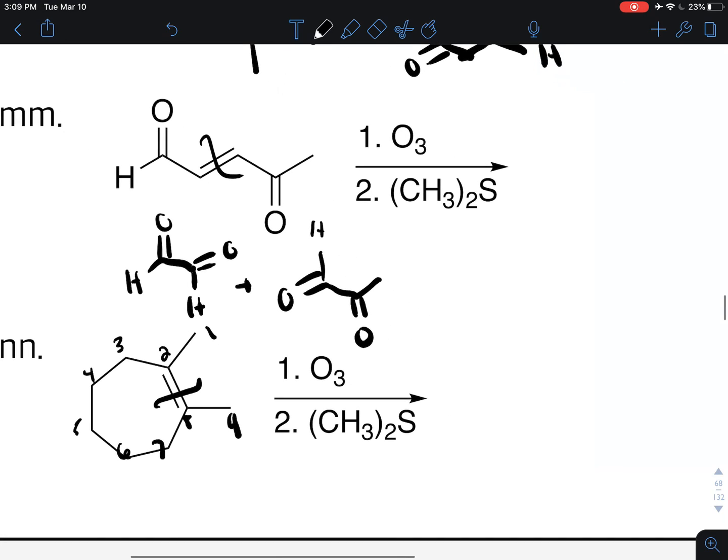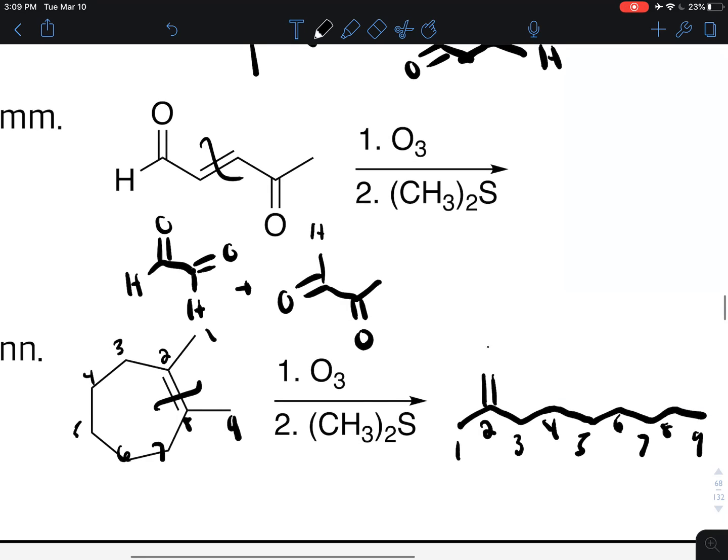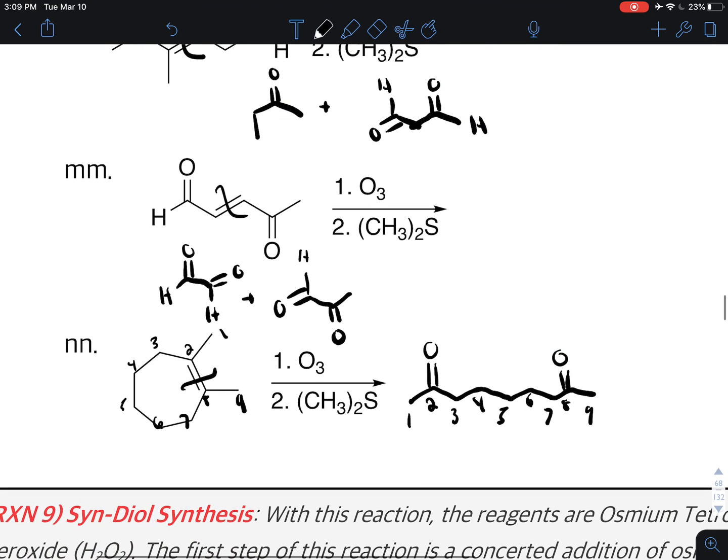So I find it helpful to just number the ring. Okay, so on position 2 and on position 8, there should be carbonyls because that's where those pi bonds were. Done, no thinking. All right, that's that reaction.